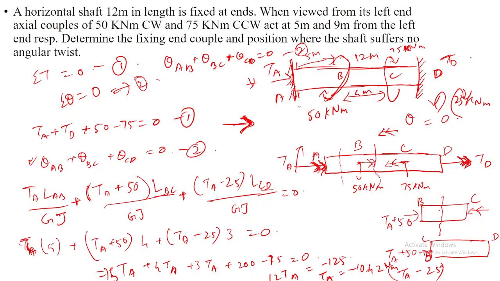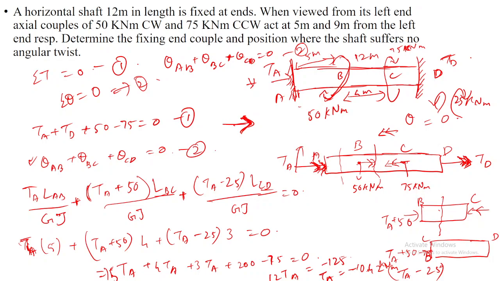Once we have found this, what does this minus sign actually indicate? I have got the value of TA as minus 10.42, sorry, kilonewton meter. What does this minus sign indicate? Opposite direction.